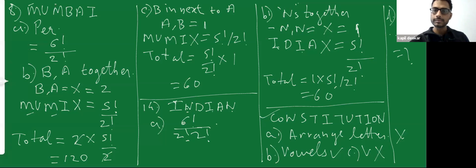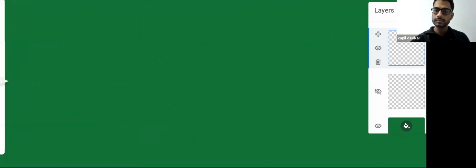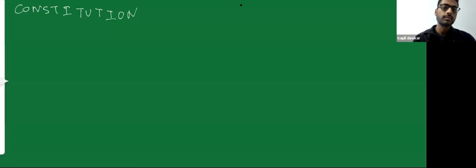Okay, so let's proceed. Which word? Constitution. First condition is that there is no restriction. You just have to find in how many ways these letters can be arranged. Let's count: 1, 2, 3, 4, 5, 6, 7, 8, 9, 10, 11, 12. 12 letters, so it can be arranged in 12 factorial ways.